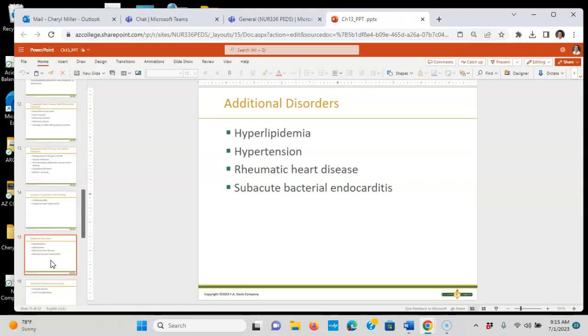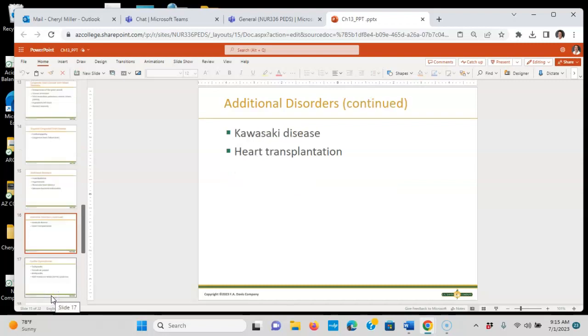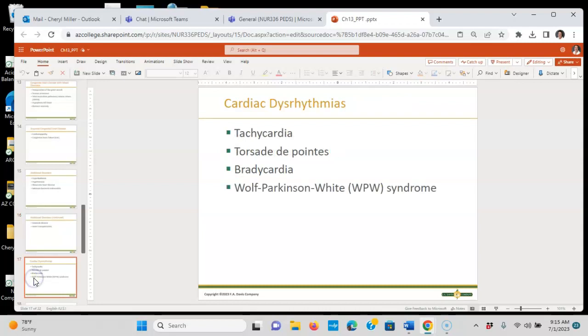Hyperlipidemia through diet, through congenital genetics, hypertension could also mean kidney issues as well. The rheumatic heart disease is going to come from your strep throat. Kawasaki's disease, that comes back into play, and heart transplantation.